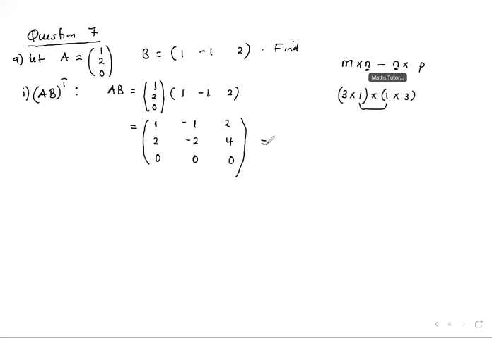And then we want the transpose of this. So AB transpose is equal to 1, -1, 2, 2, -2, 4, 0, 0, 0.